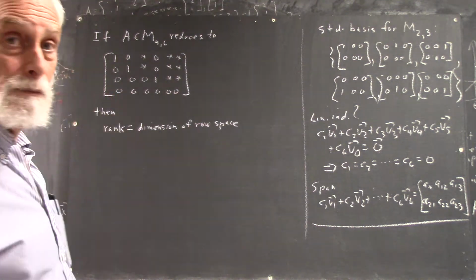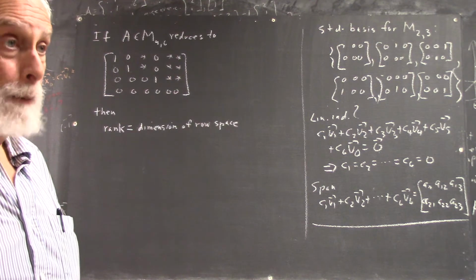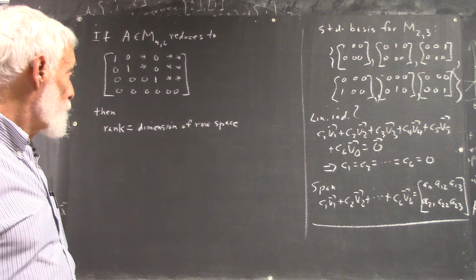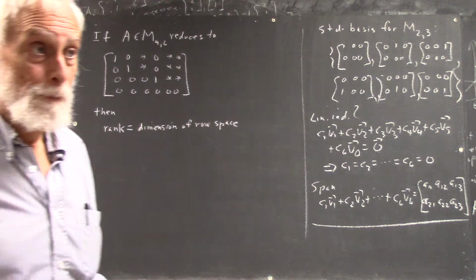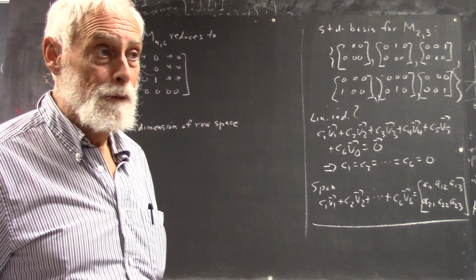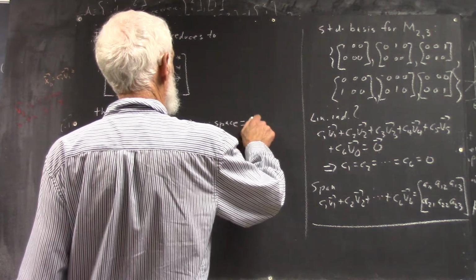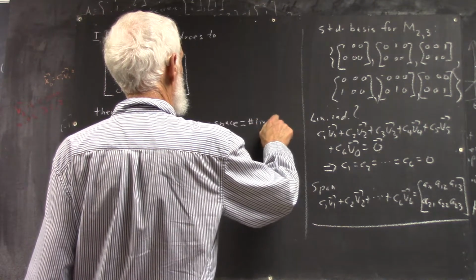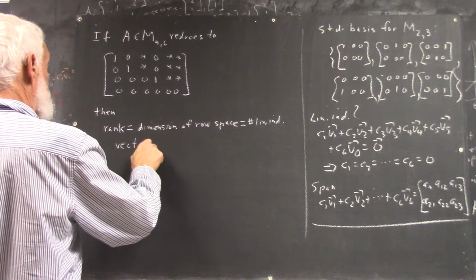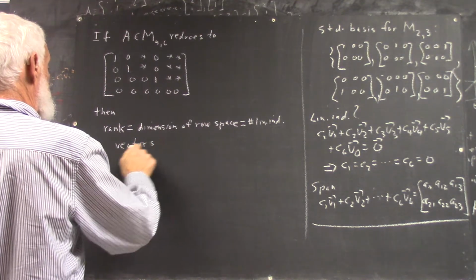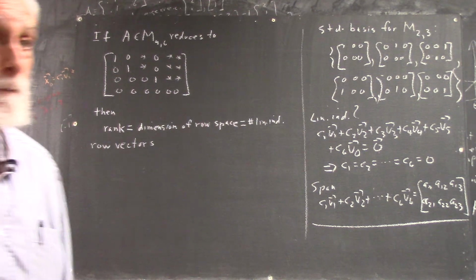Okay, 4 rows. Okay? And the rank is equal to the dimension of the row space, right? And what's the dimension? It's the number of linearly independent row vectors, isn't it?